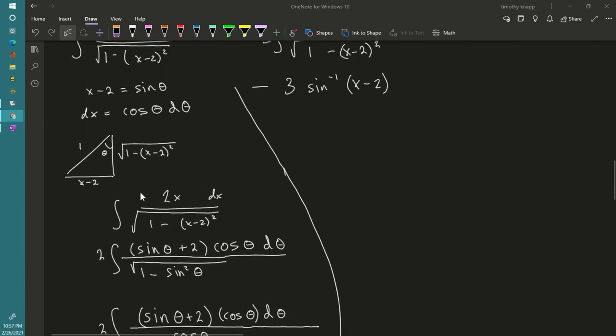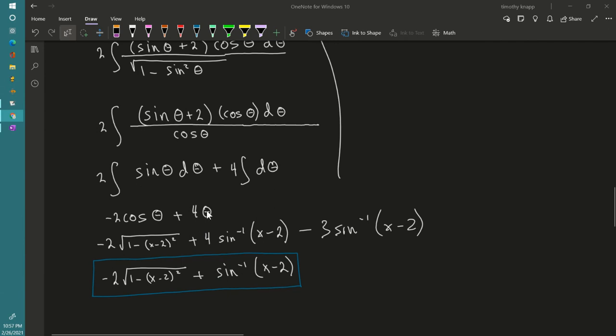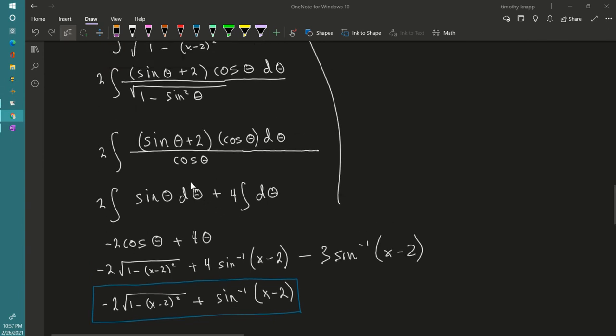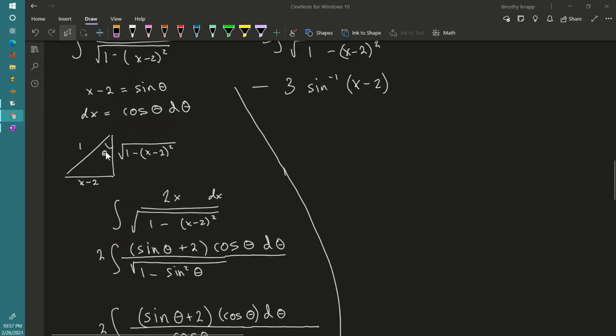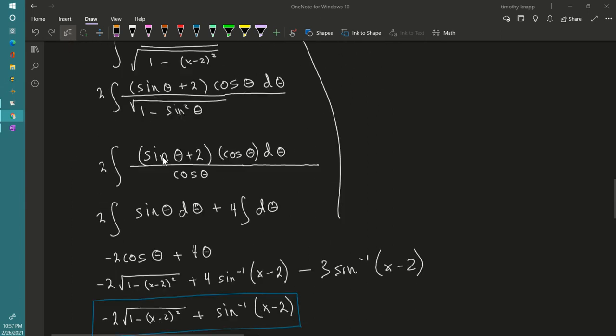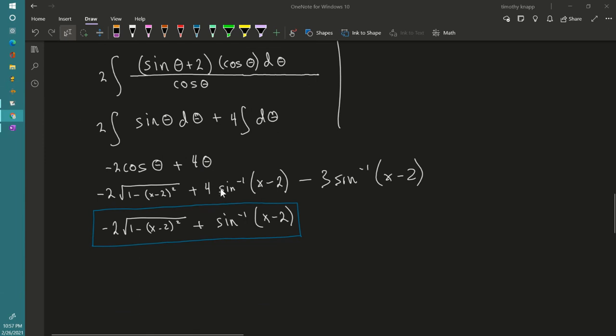And then the theta itself is the sine inverse of x minus 2. Did I do that right? Yes, x minus 2, because sine of theta is the opposite over the hypotenuse. Basically, over here, you can solve for that sine inverse. You're solving for theta, and so therefore, theta is the sine inverse of x minus 2.